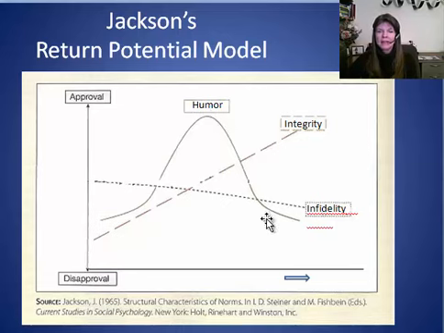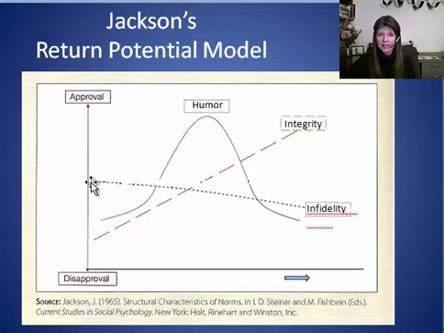Now, these are two interesting values. Now let's look at infidelity, okay? Notice that this is a negative relationship. So it is linear, but a negative relationship. So the more infidelity in which one engages, clearly, the less approval that is returned. However, what I want you to notice about this in particular is that it starts at the more neutral point of this disapproval approval axis.